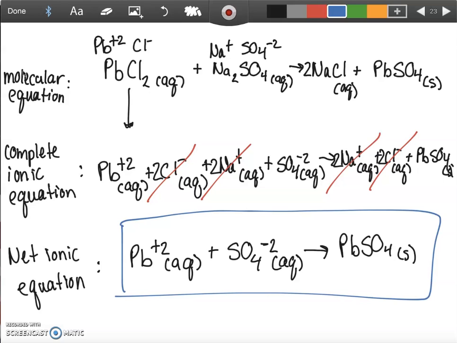The net ionic equations, ladies and gents, show us what solids are forming when we're dealing with ionic compounds reacting with each other.